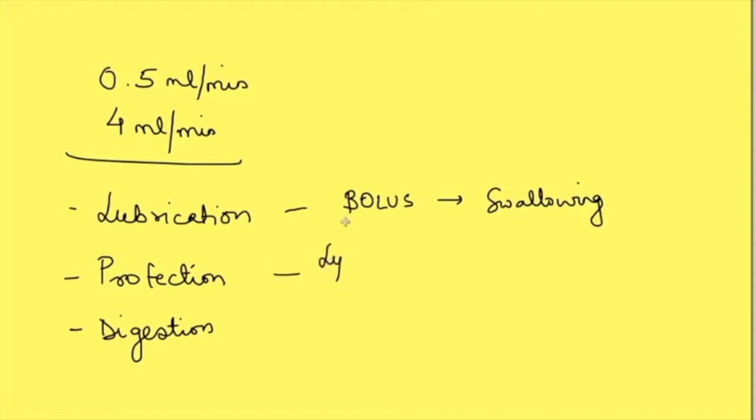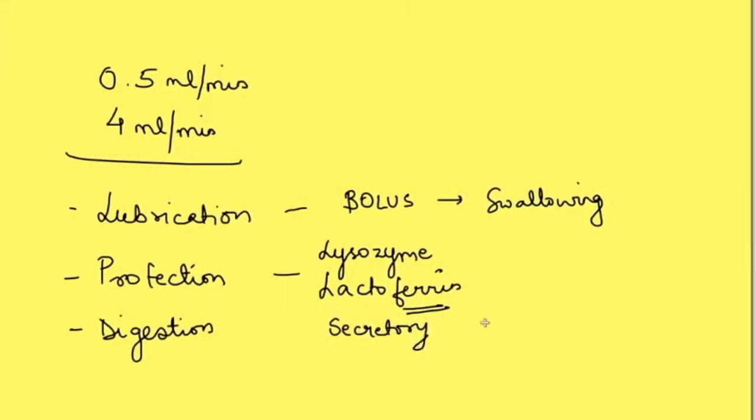There are certain proteins in salivary secretion like lysozyme. Lysozyme breaks down the bacterial cell wall. There is lactoferrin. As the name suggests, lactoferrin chelates the ferrous ion and deprives the microbes of the essential iron content. Then there are also secretory IgA antibodies present in the saliva.